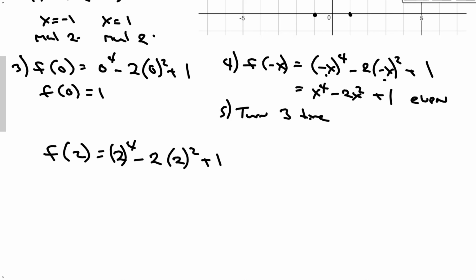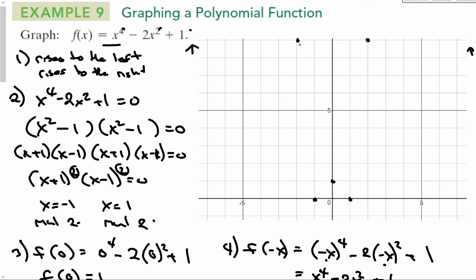So I know if I plug in 2, I get 1, 2, 3, 4, 5, 6, 7, 8, 9. Oh, look how convenient that is. And because this graph has y-axis symmetry, I know that f of negative 2 is also going to be 9. And now I can draw a pretty good approximation of my graph. Good enough. Again, try to be accurate, but we don't have to be super exact.